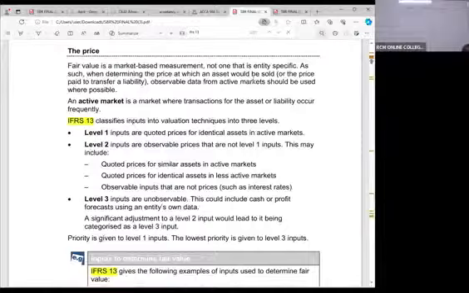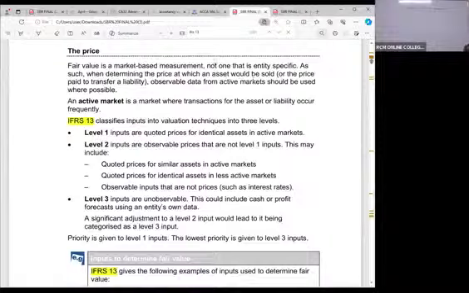Ladies and gentlemen, if you have some data that you can observe associated with similar or identical assets which have been sold at that price, then that price is the one that we shall use.